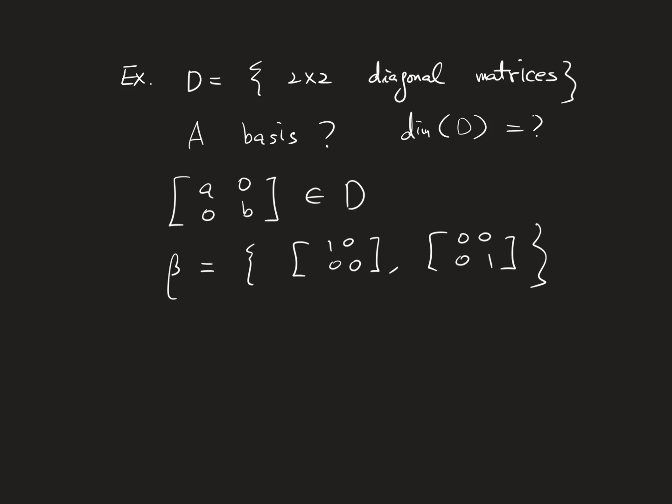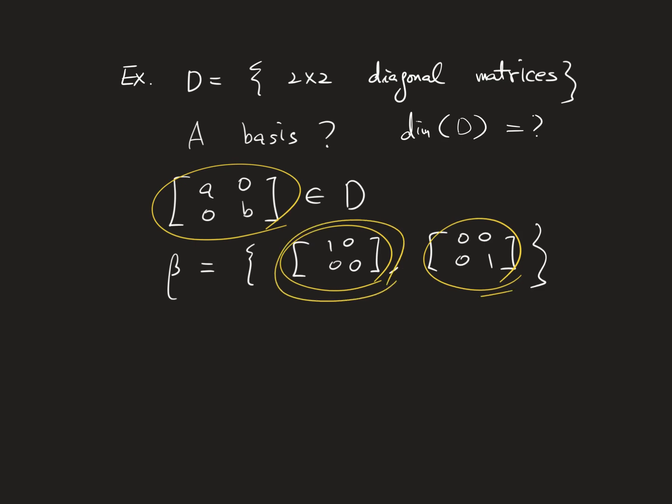Because as a linear combination of the two matrices, we can generate this matrix, and also the two matrices are linearly independent. And so the cardinality of beta is 2, so the dimension of D is equal to 2.